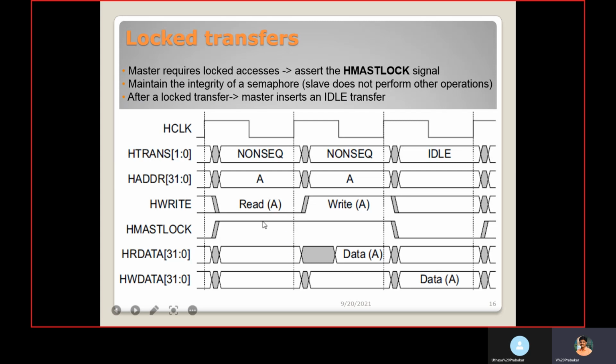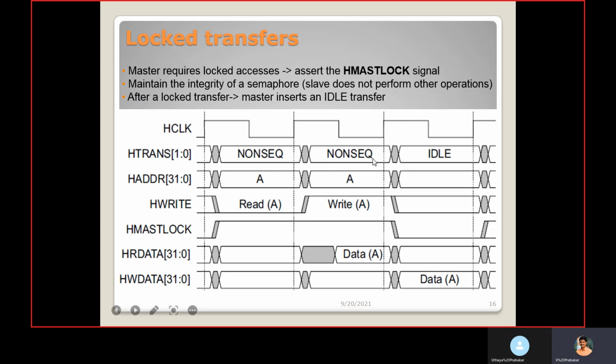So I am performing read, right? So this is the address phase. In the next data phase, I am getting the corresponding data for this read in HRDATA. And I am introducing another new sequence. How am I telling that?